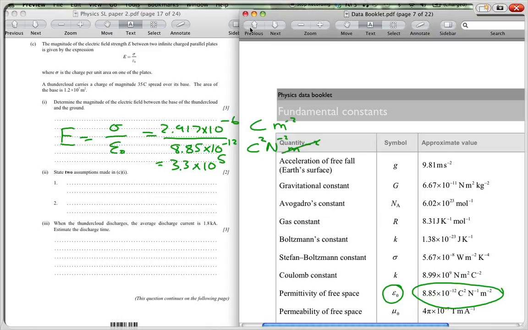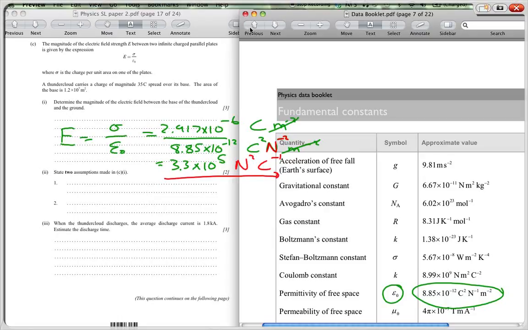So my meters to the minus 2 are going to cancel, and so I'm going to get a unit, my N to the minus 2. I've got N to the minus 2, that's going to go to the top and become N squared, and I'm going to have a C divided by C squared. I'm going to get a C to the minus 1, so that will be my unit.